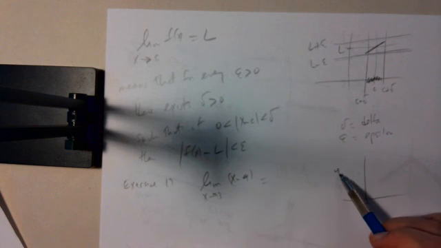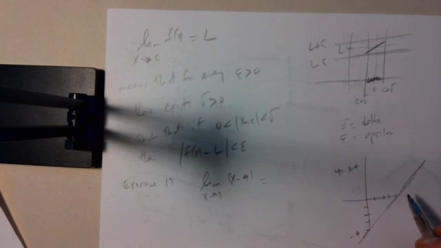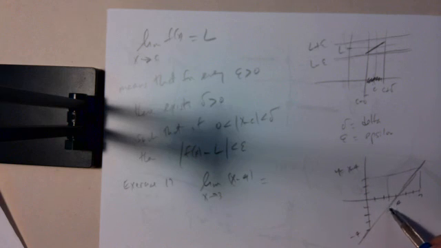And if you look at the graph of the equation y equals x minus 4, this is the line with slope 1 and y-intercept minus 4. And as x goes to 3, you look carefully at the graph, you see that y is approaching minus 1.